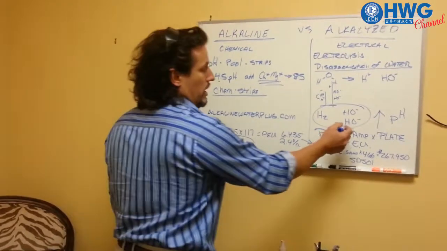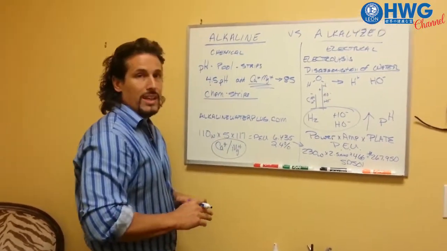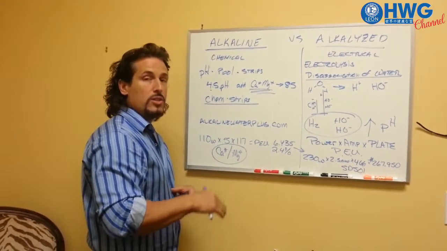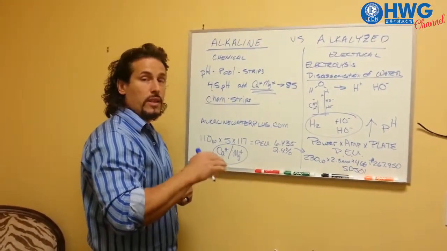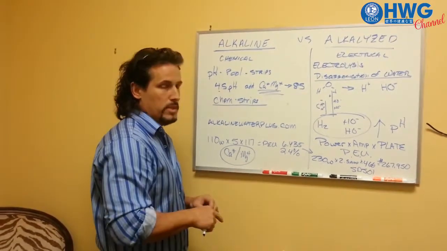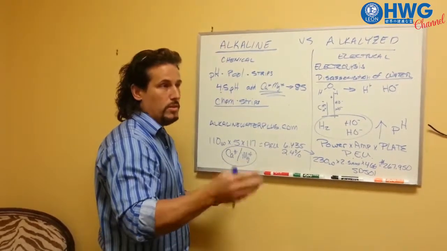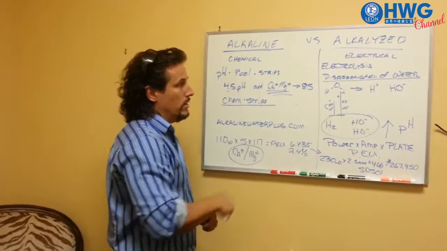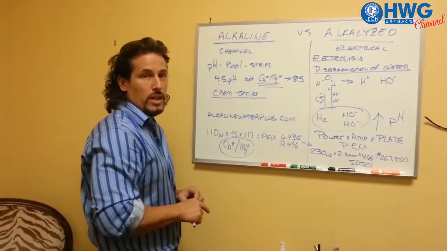The hydroxyl ions will continue to go through the aquaporin, and that will flush out the toxins within the cell, so you'll get an alteration of the intracellular pH, which is removing cellular metabolic byproducts such as urea, ammonia, CO2, things like that. So that's the essential difference between alkaline and alkalized.